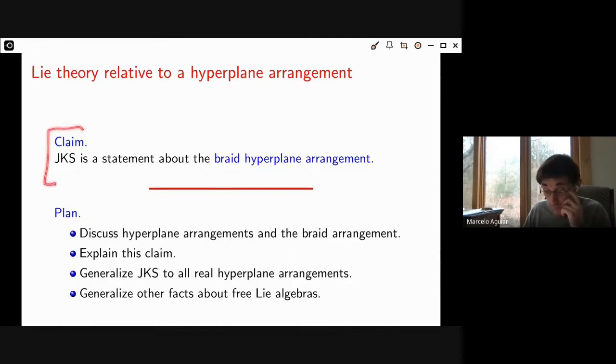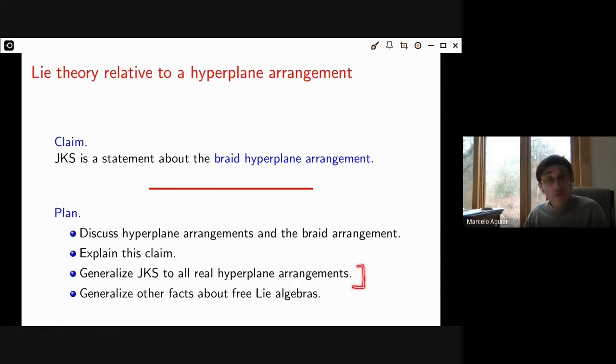So I want to explain this claim that this theorem that we just stated can be seen as a statement about the braid hyperplane arrangement. So the plan then will be to discuss hyperplane arrangements, and in particular the braid arrangement, and to explain this claim. And if I get to do that, I'll be happy.